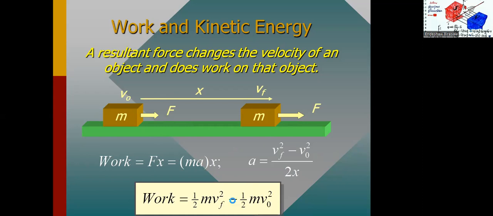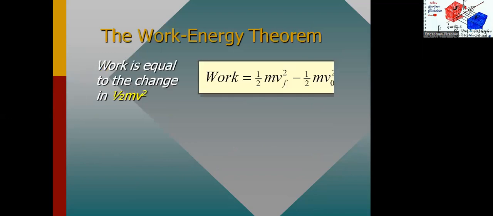This leads to the work-energy theorem. Therefore, work is equal to the change in kinetic energy. We can generalize that when a force is applied, the work done equals the change in kinetic energy.